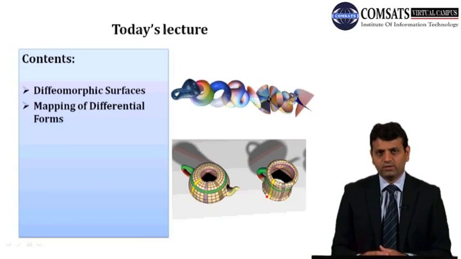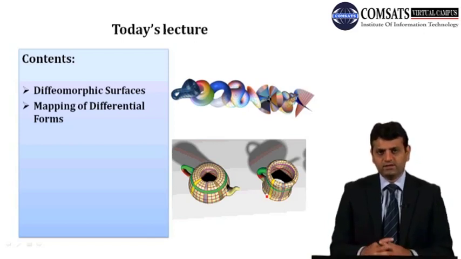And then we saw how a cylinder is diffeomorphic to a plane minus the point which is origin. So once again इसमें cylinder is a very curvy object, but the plane is a very flat object. So but they are diffeomorphic.